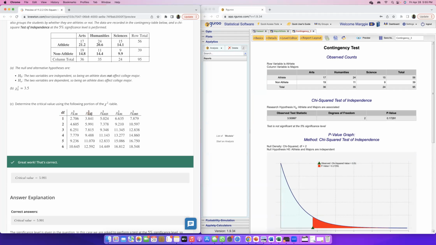And then we use the same significance level because a chi-square only has 1 tail.